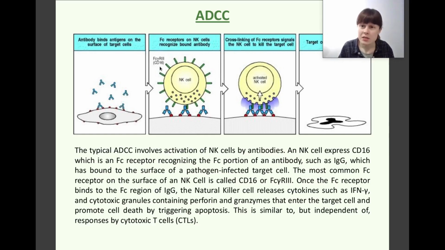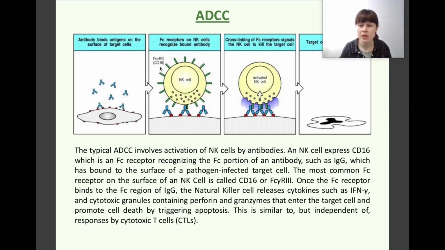Once these Fc receptors bind to the Fc region of immunoglobulin G, natural killer cells start to be activated, and because of this, these activated NK cells produce cytokines. These natural killer cells release inflammatory cytokines like interferon gamma, and cytotoxic granules containing perforin and granzymes that enter the target cells and promote cell lysis by apoptosis.